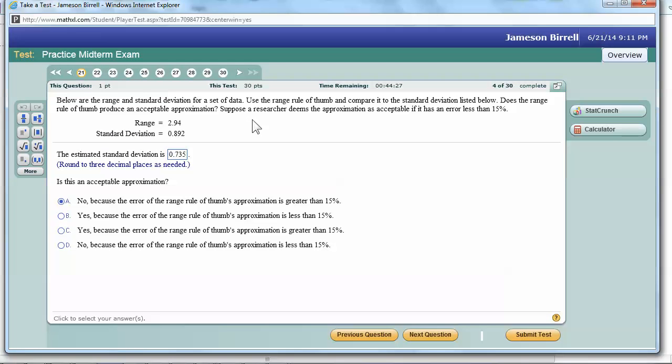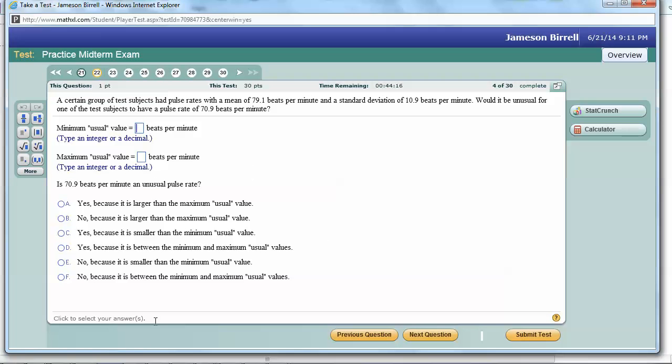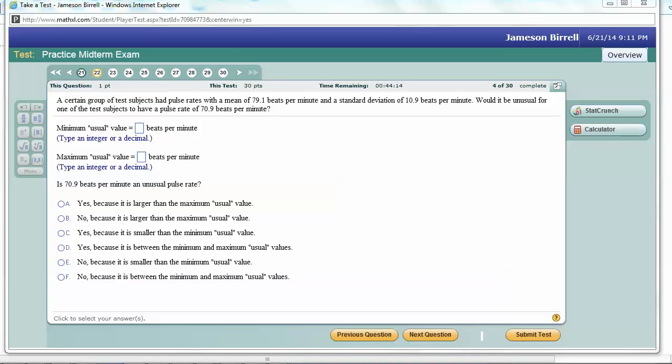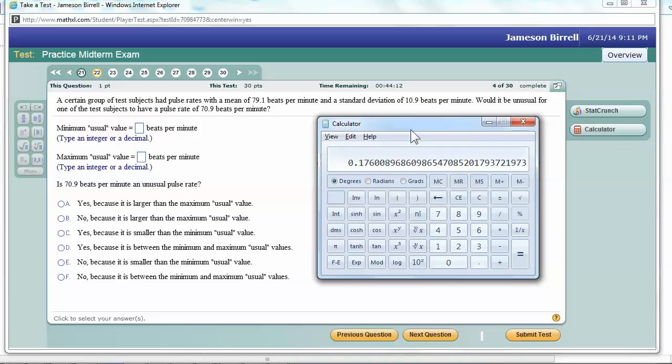And that, again, goes back to the range rule of thumb and how we did this. We took the range and divided by 4. It's an alteration of that, essentially. They derive from the same original rule.